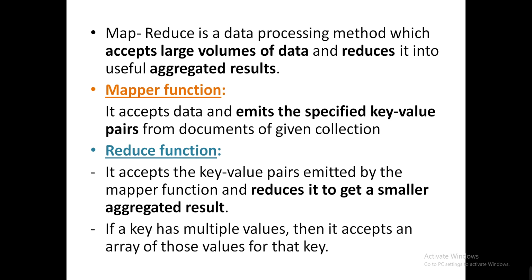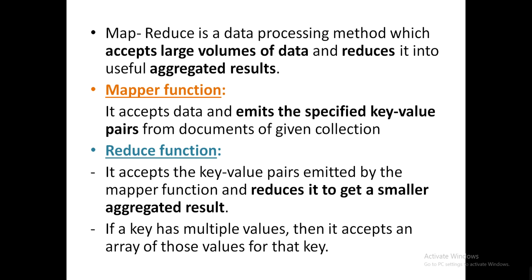Generally, whenever we have a specific key and value pair sent from the mapper function, there is a possibility that for the same key there will be more than one value.